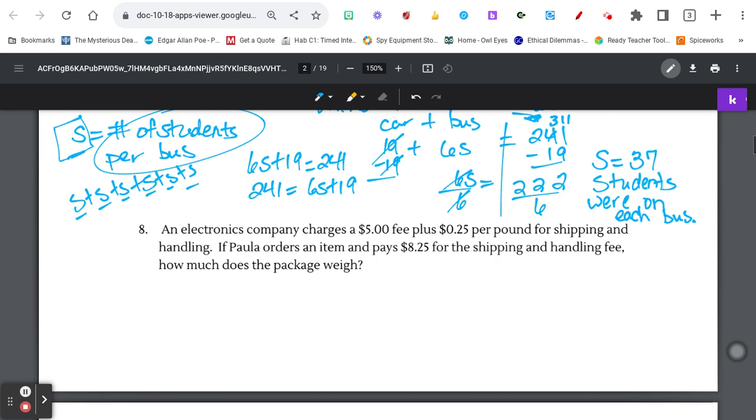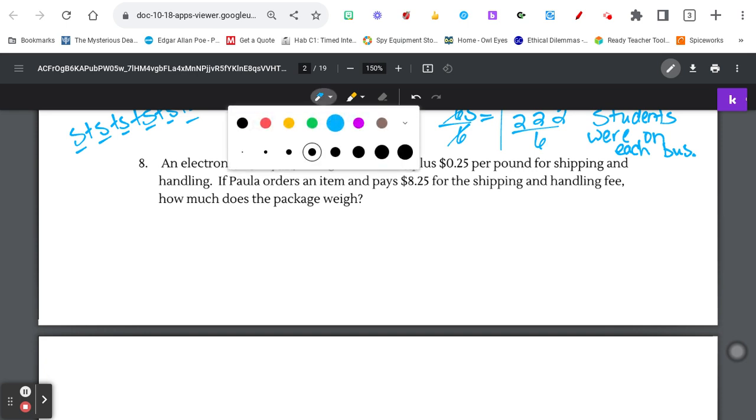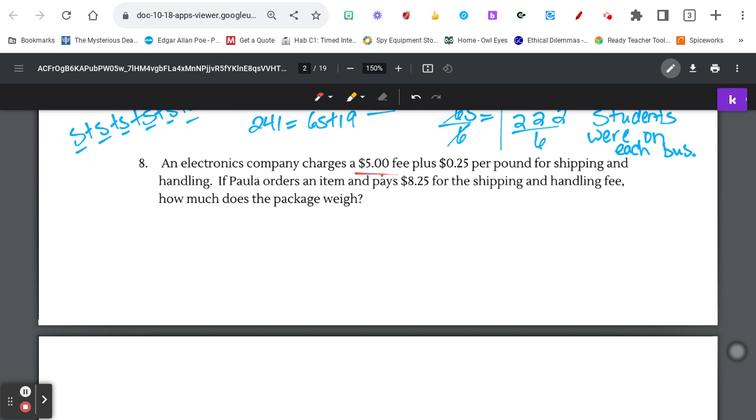Okay, last one, guys. All right, I want you to pause the video and try the last one on your own. It says an electronics company charges a $5 fee. So you know that's important. Plus, they charge 25 cents per pound for shipping and handling.